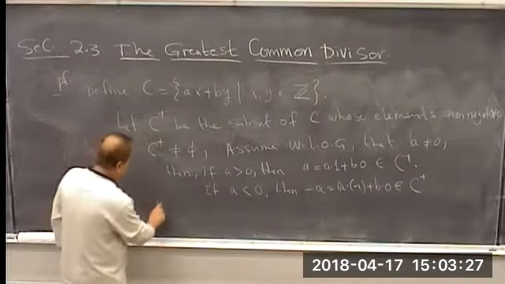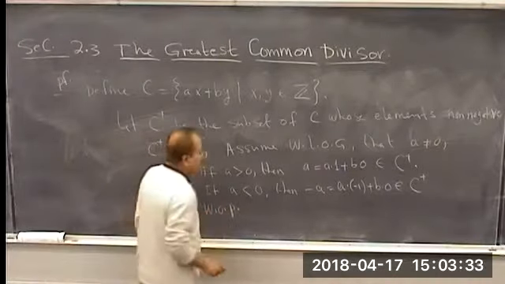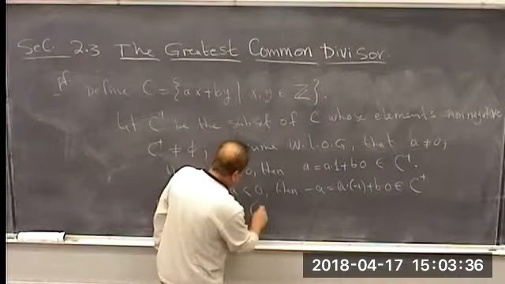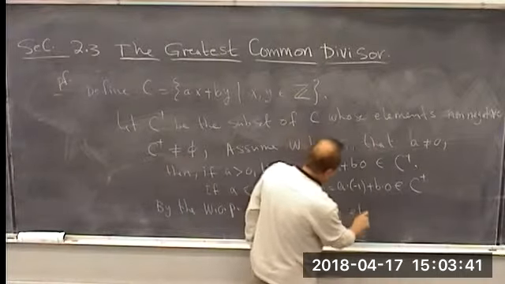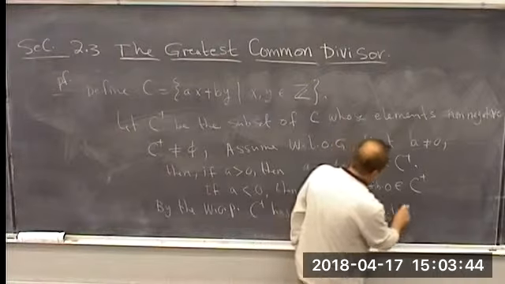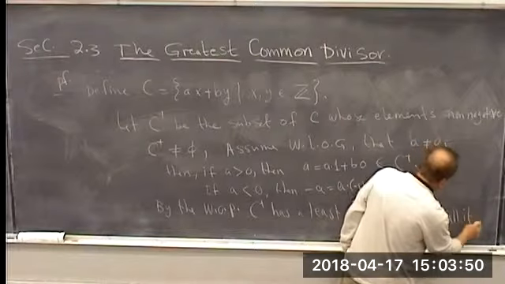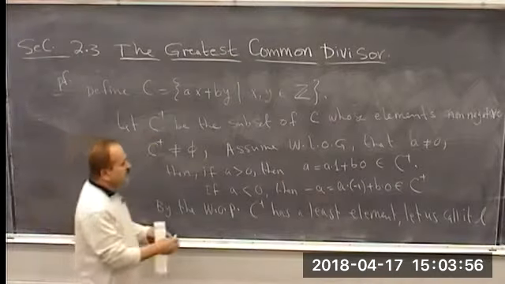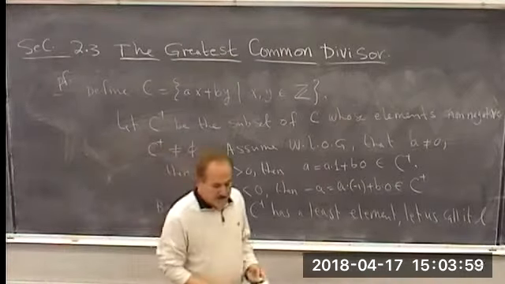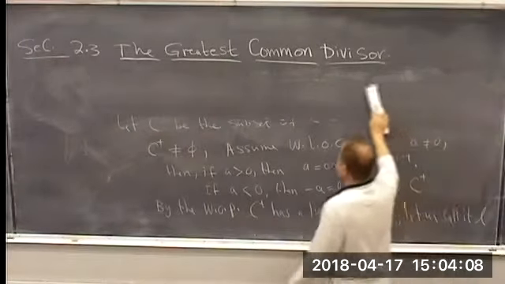Now, by the well-ordering principle, C plus has a least element. Let us call it L. What does this mean?